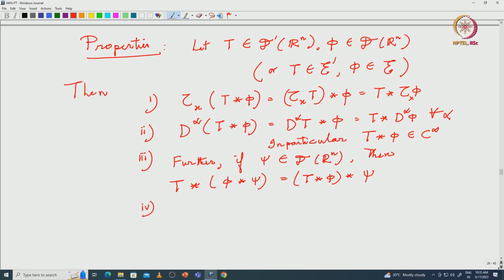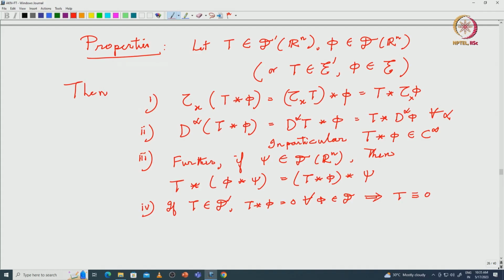And if T is in D prime with T star phi equal to 0 for all phi in D, then that implies T is identically 0, which means T of phi equals 0 for all phi.